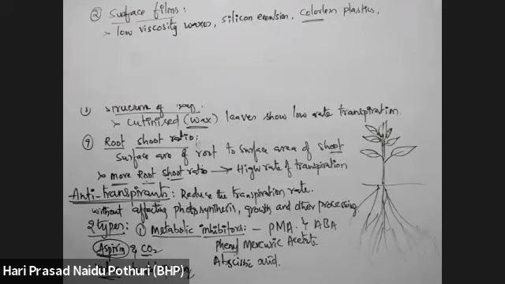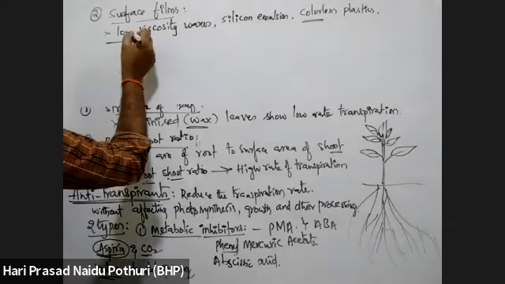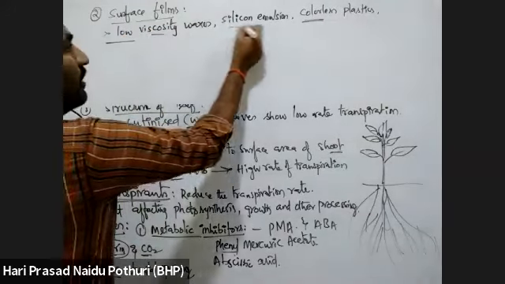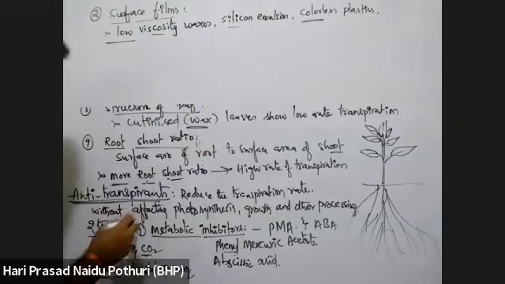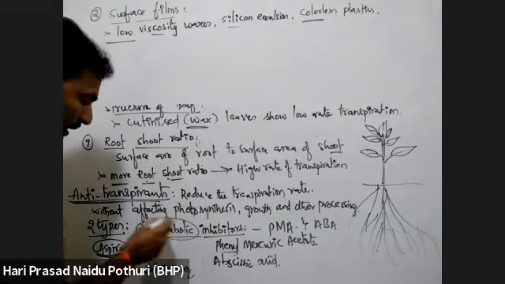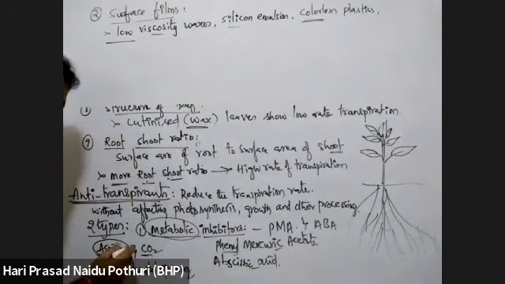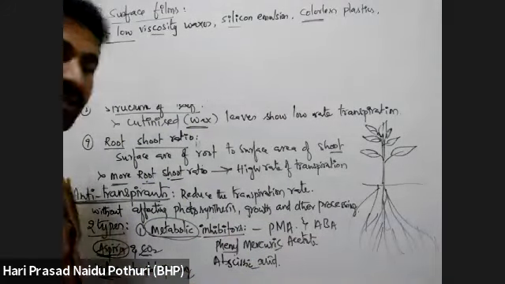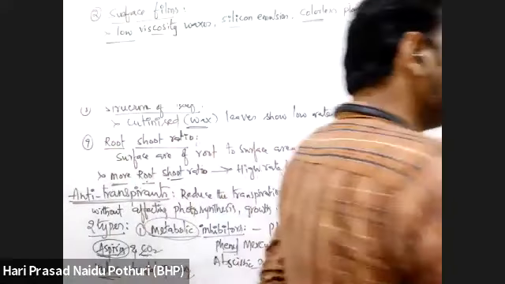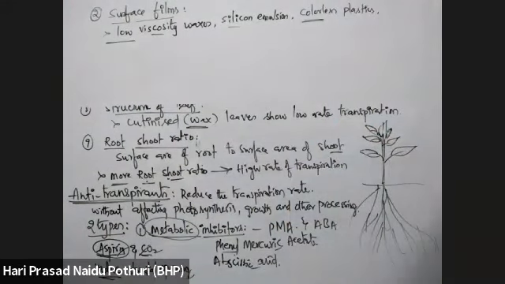So surface films like low viscosity waxes, silicone emulsion and colorless plastics, and metabolic inhibitors like phenyl mercuric acetate, abscisic acid, aspirin and CO2 are the substances which can reduce the rate of transpiration.